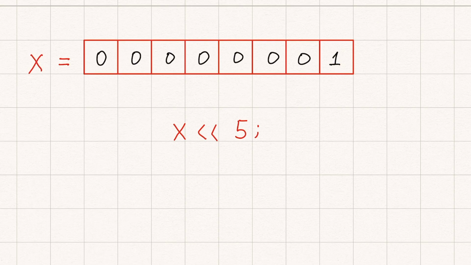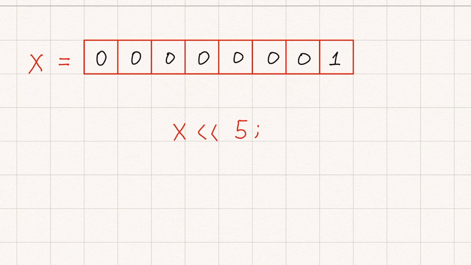Well, it takes every digit and moves it up 5 spaces. Since we have zeros all here, then shifting a 0 to another 0 doesn't change anything. But let's look at the 1. We can shift the 1 5 places. So 1, 2, 3, 4, 5.